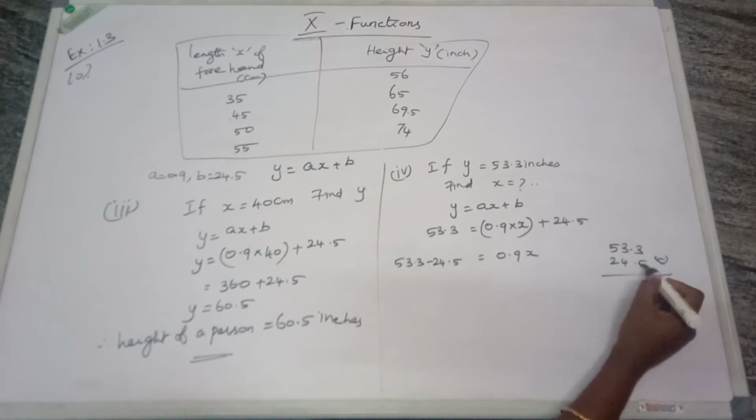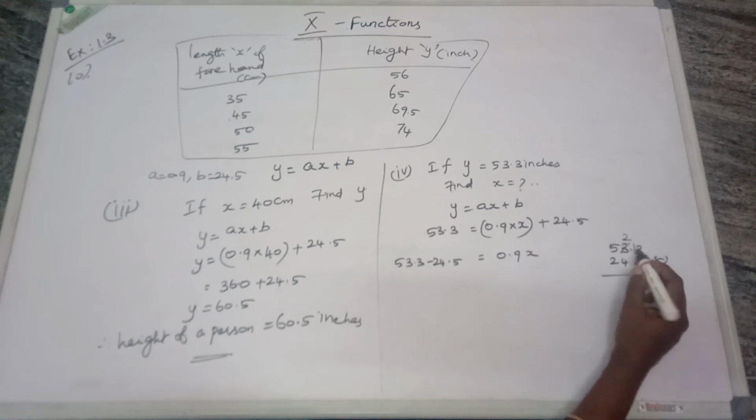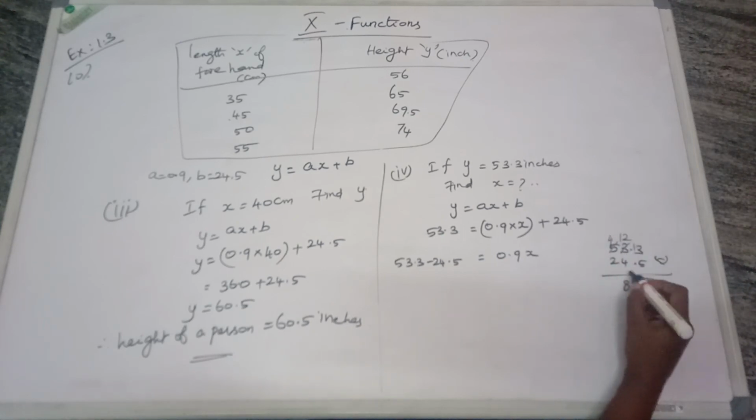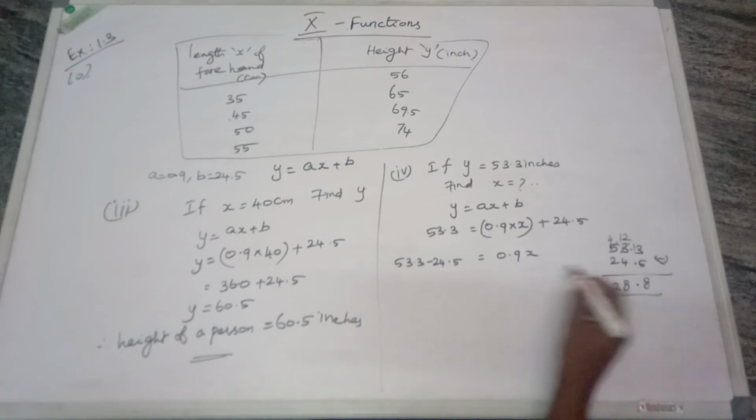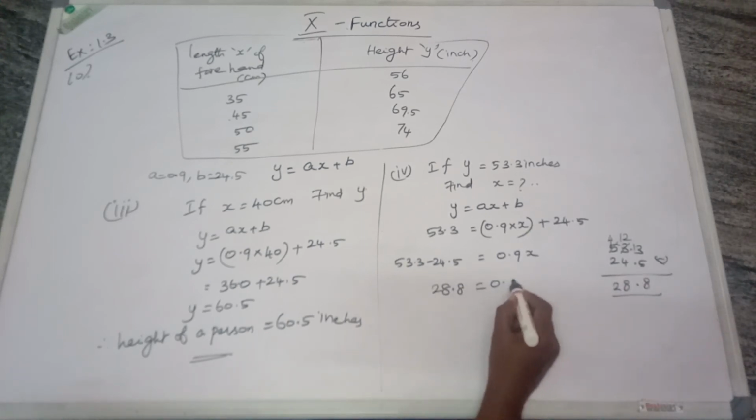We can't subtract 5 from 3, so you have to borrow 1 from this 3, so here 13, it becomes 2 here. 13 minus 5 is 8, then put this decimal point, then we can't subtract 4 from this 2, so borrow 1 from this 5, so it becomes 4, then 12 minus 4 is 8, then 4 minus 2 is 2. So if you subtract these two, we get 28.8 equal to 0.9x.